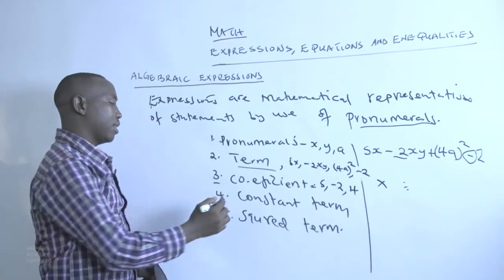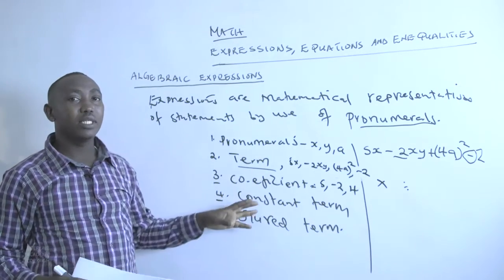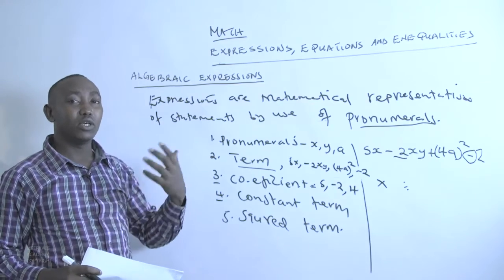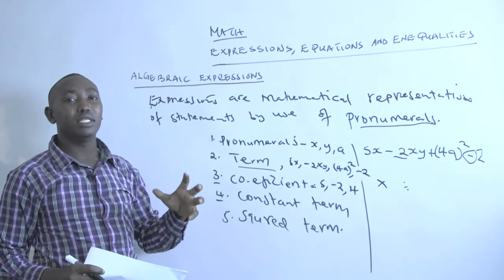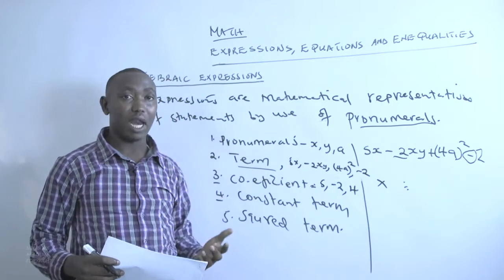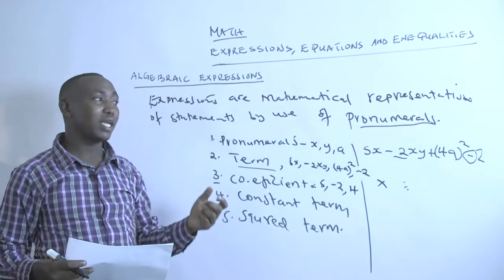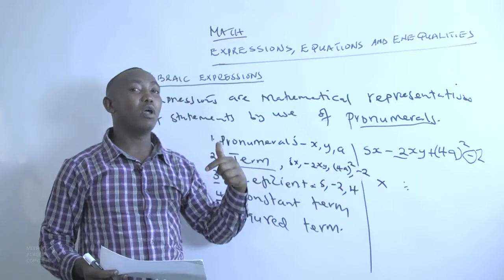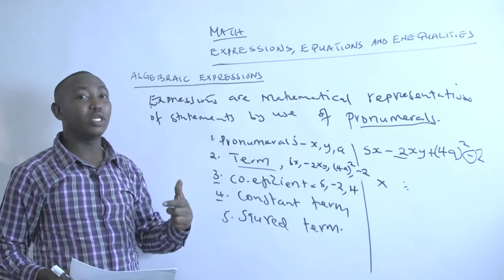Number 4 is a constant term. A constant term is a term that is not changing. That means it is there permanently. If we consider these particular expressions and we add different values of x and y, we will discover that there is one part that will always remain constant or not changing.